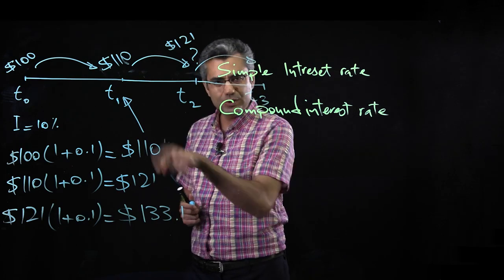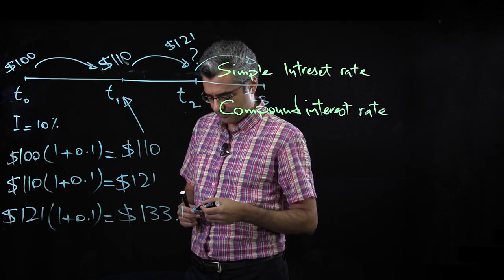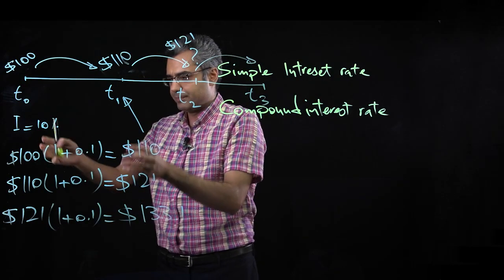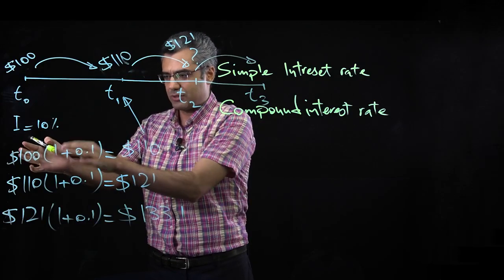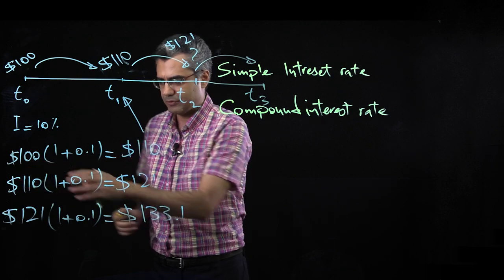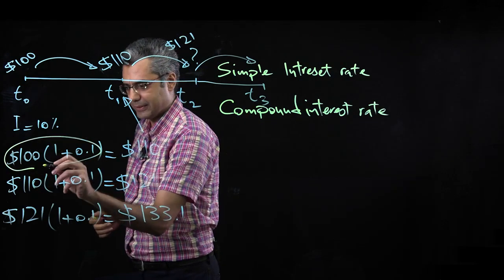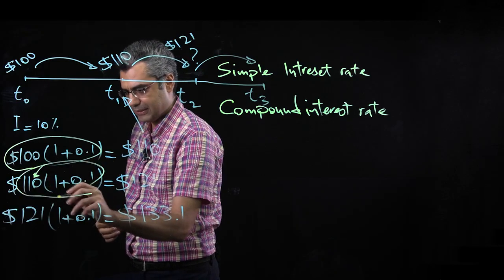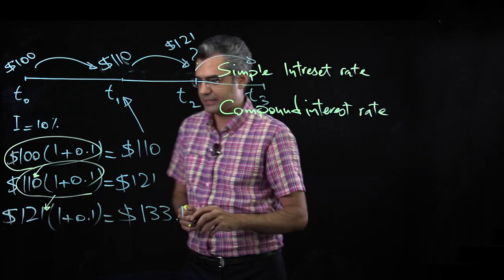Now, do you see any pattern here? I can put this 100 multiplied by 1.1 here, and then this will be inserted here.